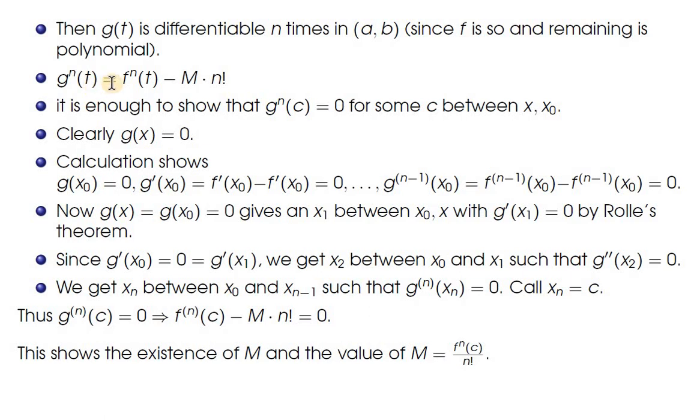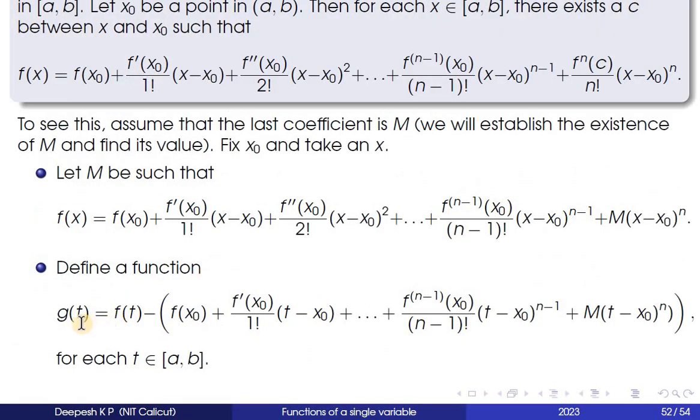And what is g's nth derivative at t? It will be f's nth derivative at t minus m into n factorial. This is because g's first derivative is equal to f dash t minus the derivative of this polynomial.